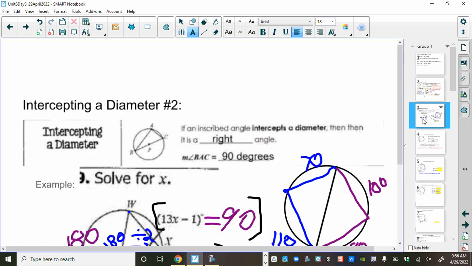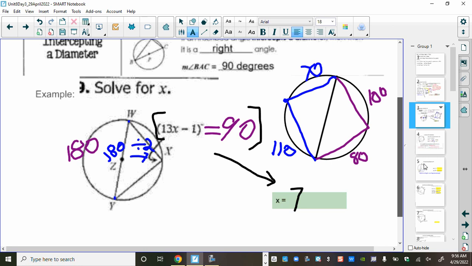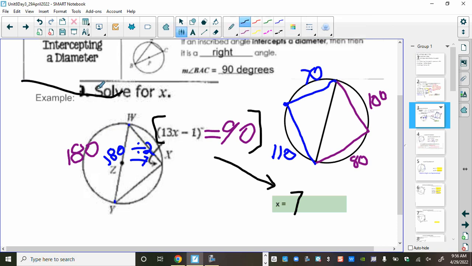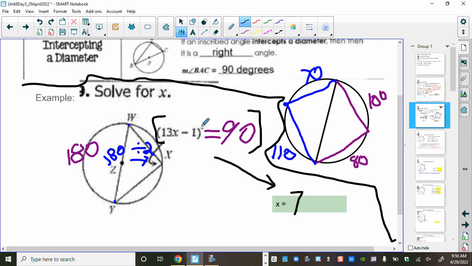And then the next problem, I think this is where we definitely stopped. This was an unrelated diagram, so don't worry about that. But for this particular example, I would just focus on this part right here. This is totally unrelated.